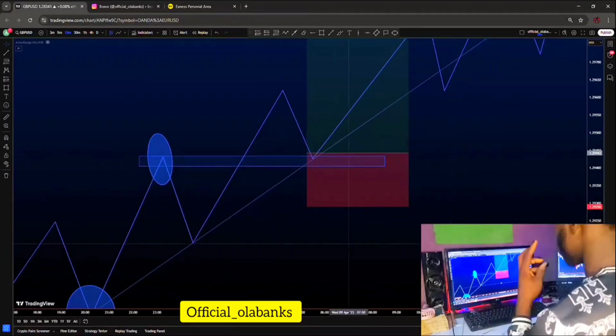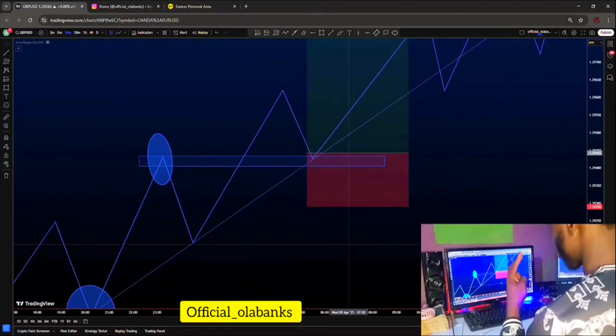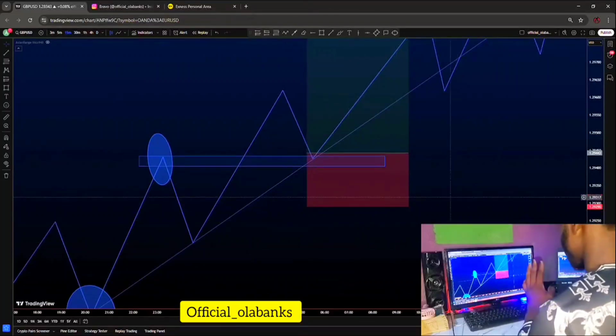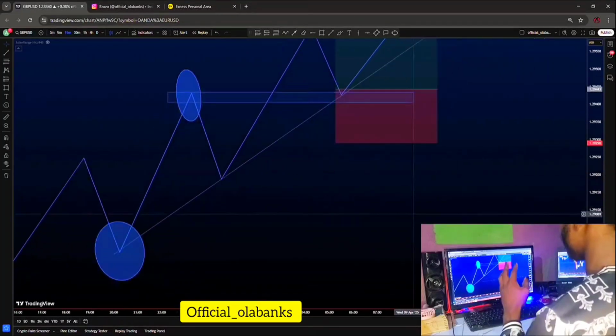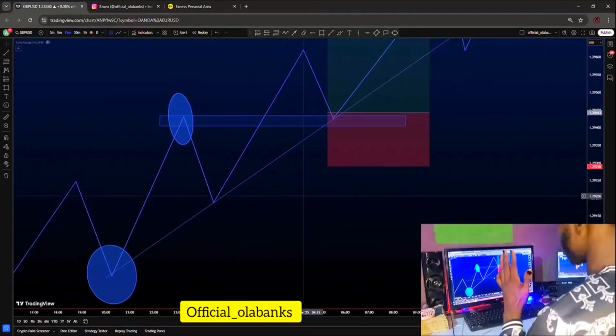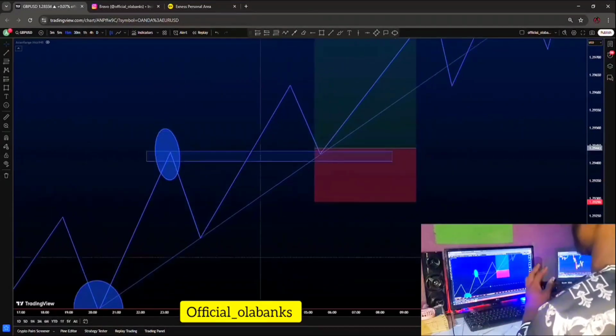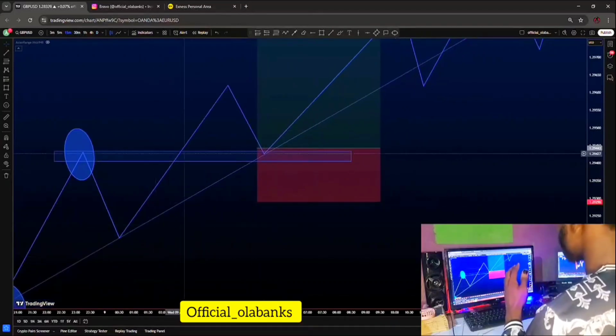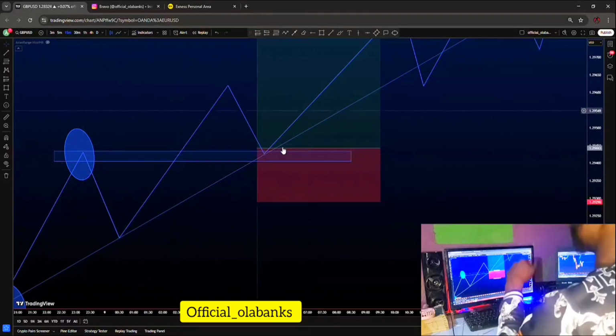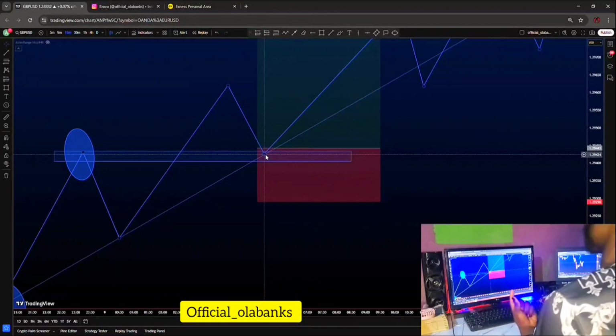Now we have 3 confluences here to take a buy setup. Number one, the price is on an uptrend, the price is trending upward. Number 2, the price has broken previous resistance and is now retesting from above, which is now serving as support.